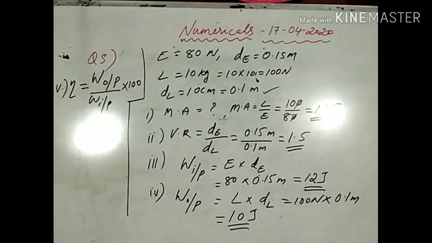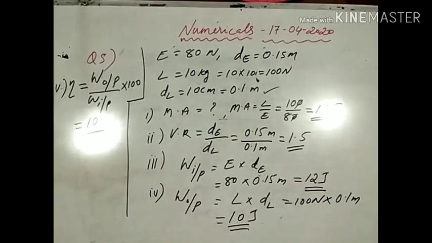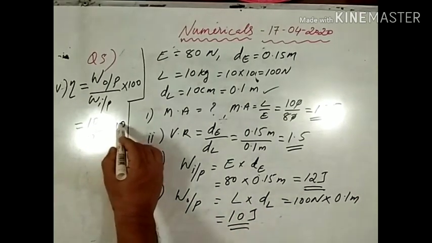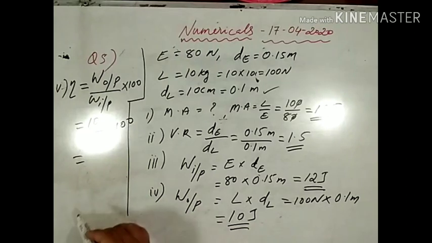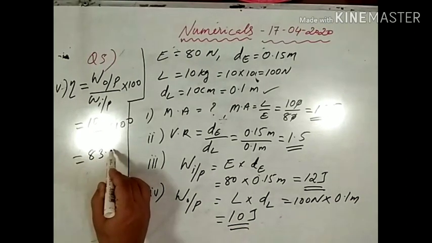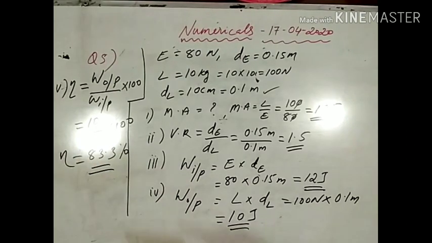So, what is work output? We got it as 10, please check, divided by work input, how much? 12, into 100. Solve it, we are getting 83.3% efficiency. So the efficiency is 83.3%.